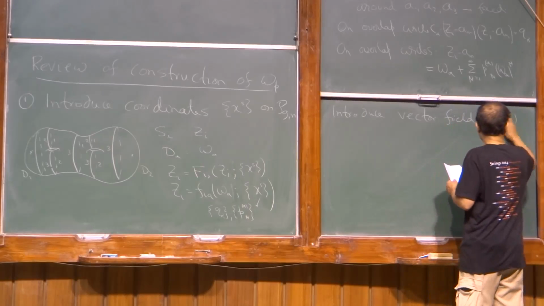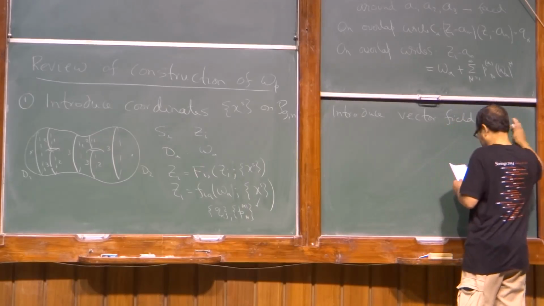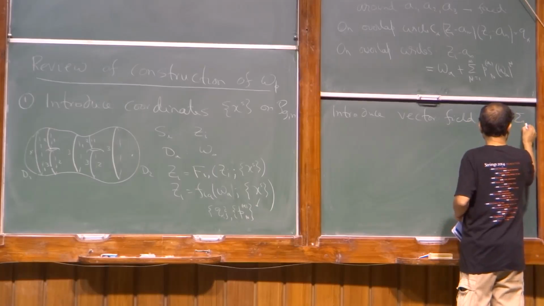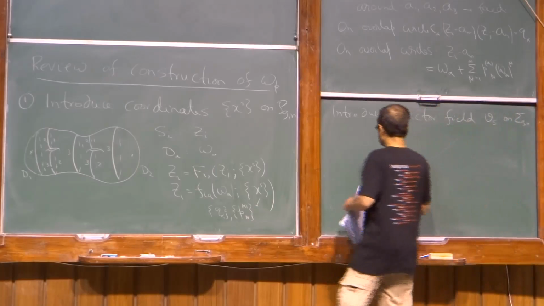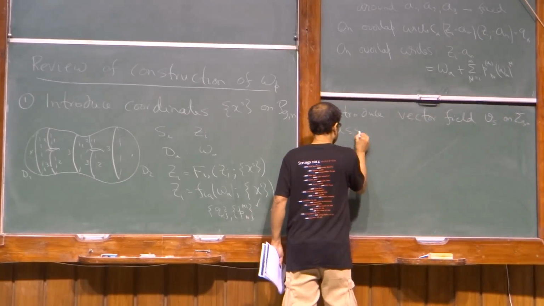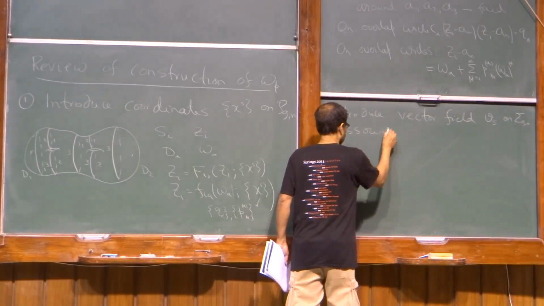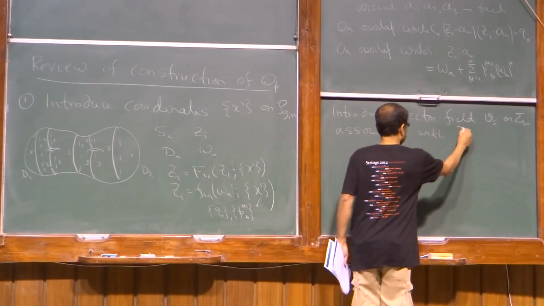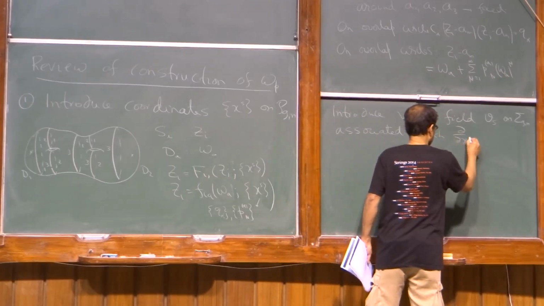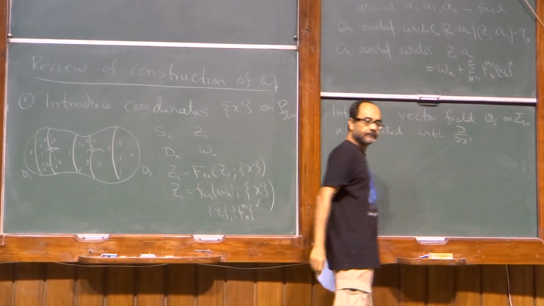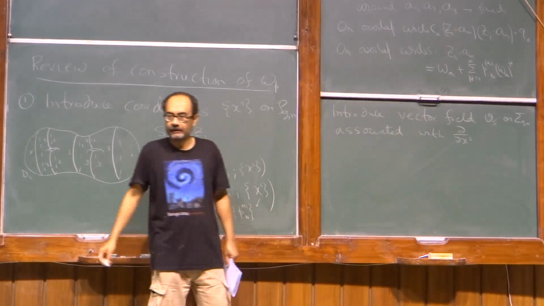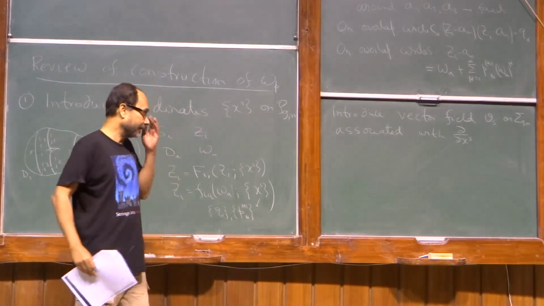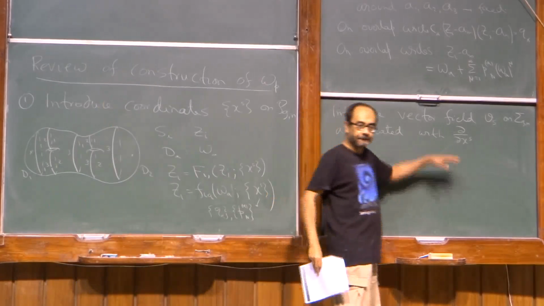So let's call it V_s, on sigma here, associated with del x_s. So this is a tangent vector on PGN. We have introduced an explicit coordinate system, so there is no confusion about tangent vectors. This is the basis of tangent vectors.